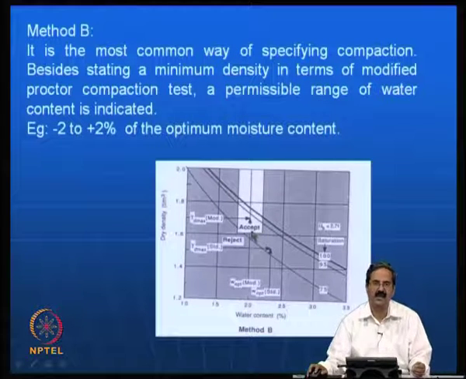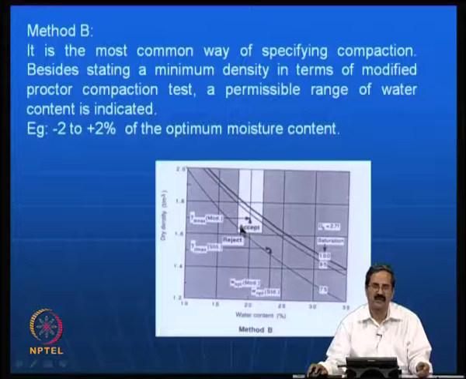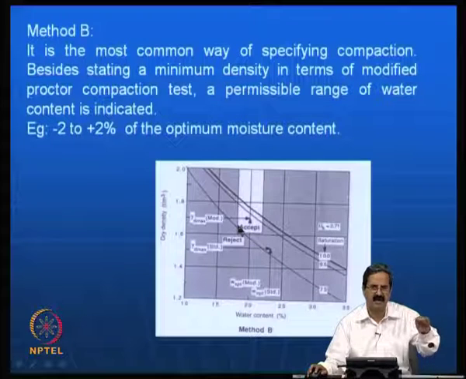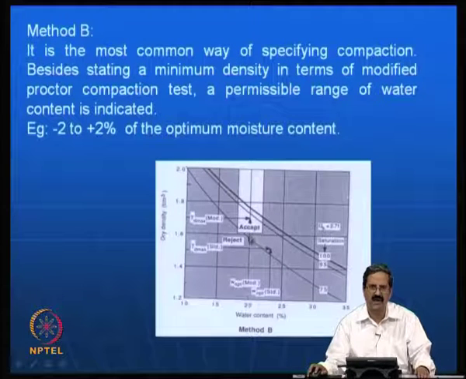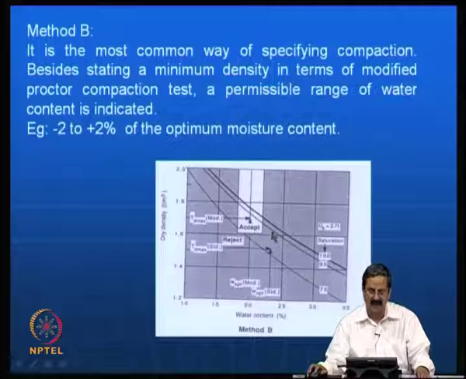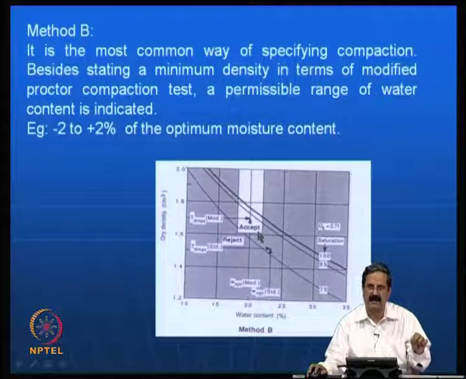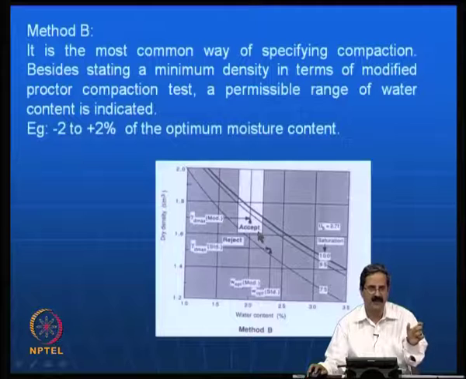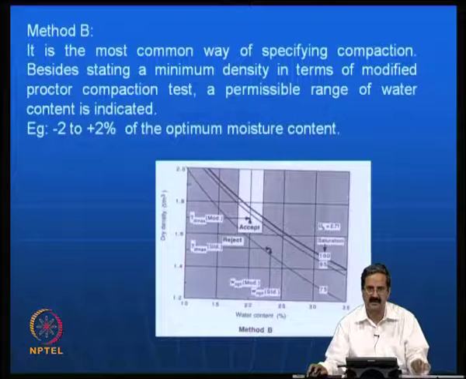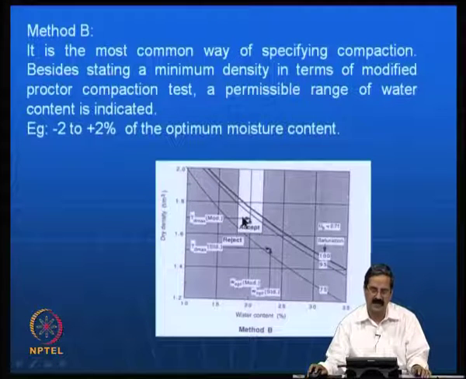It depends on the actual compaction curve that you get, and if the compaction curve is relatively flat, it is okay, you can have wider variation here. So you can specify that this density is the minimum I expect, but this much variation of the water content is alright. I must be able to say that under your acceptance criteria. This is again a very important point.